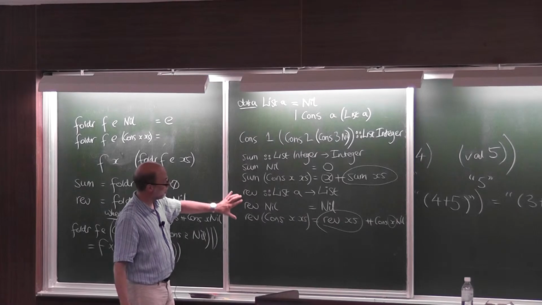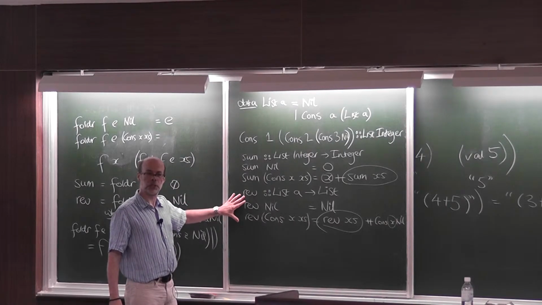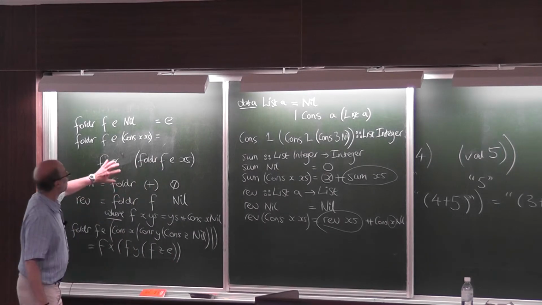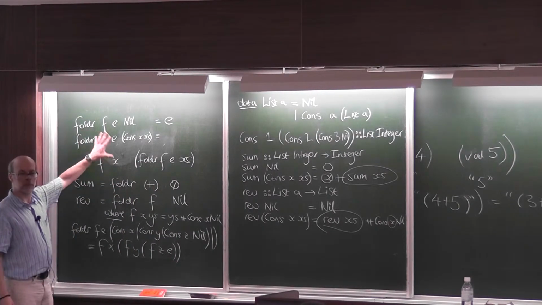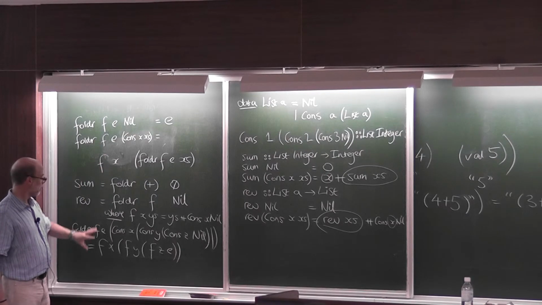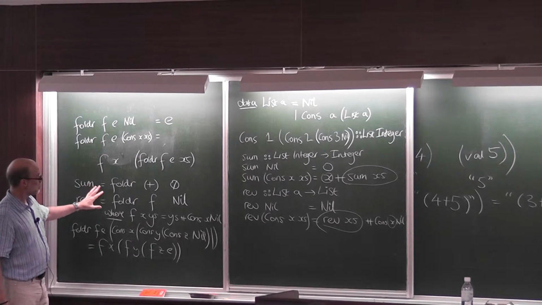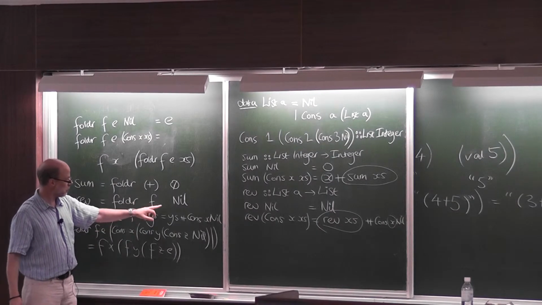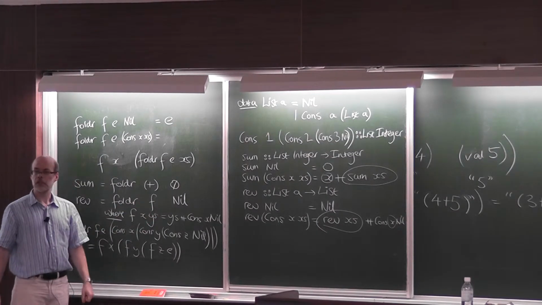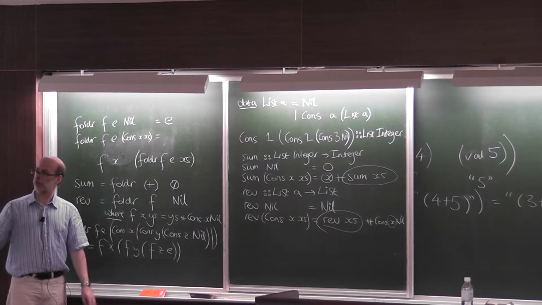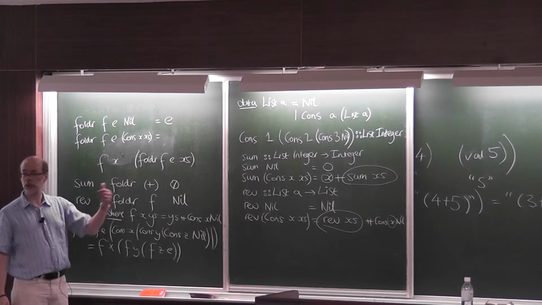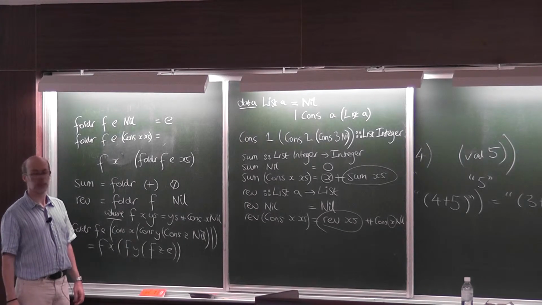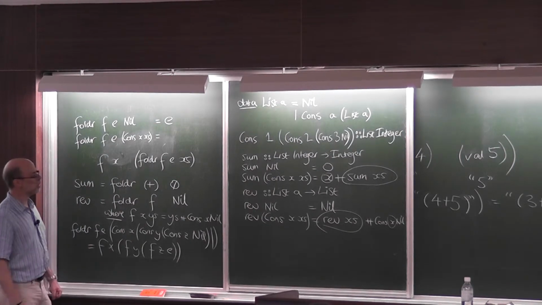So these two functions have something in common and some differences. You capture what they have in common by this pattern, and the difference, plus and 0, or f and nil, is another algebra as it happens. So folding and algebras and the shallow embeddings are all intimately connected.